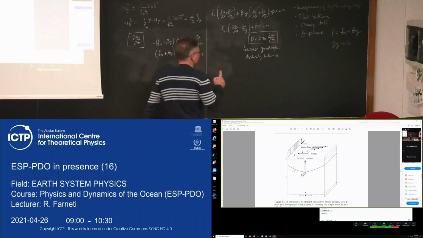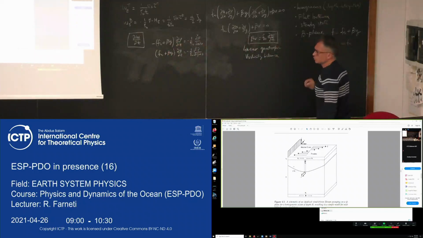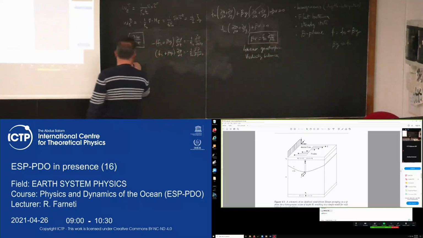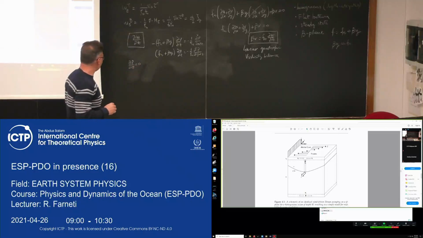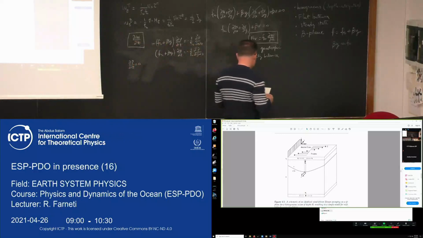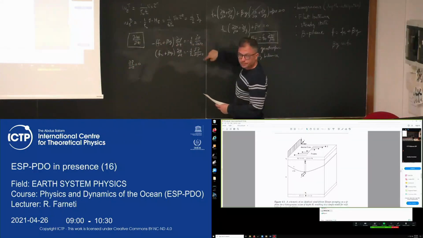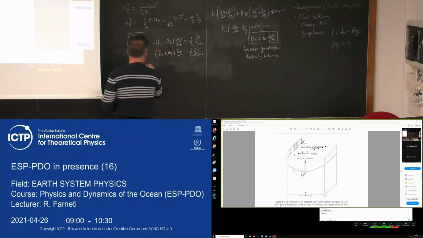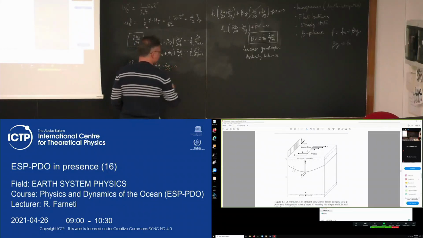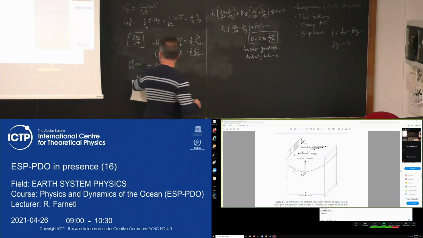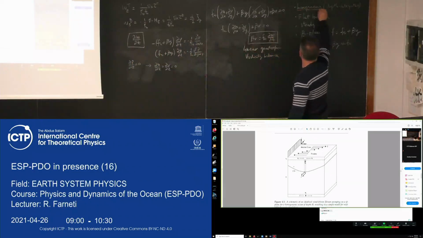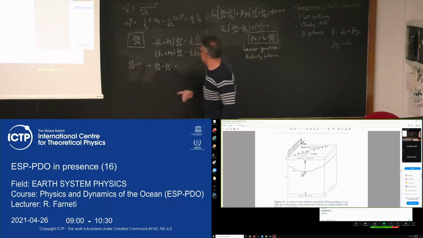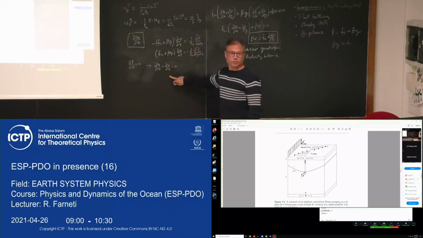But if you remember, in the geostrophic flow, homogeneous, rho prime was equal to 0, and so the hydrostatic equation, which is d by dz of p, was equal to 0. So this is going to be 0, and so this implies that there is no vertical shear in the horizontal velocity, okay, because the fluid is homogeneous, then the hydrostatic balance reduces to this, so these terms are equal to 0, so there's no vertical shear in the geostrophic velocity.